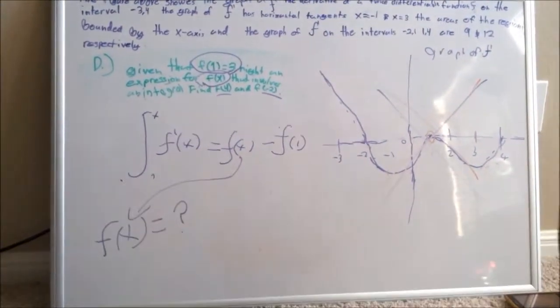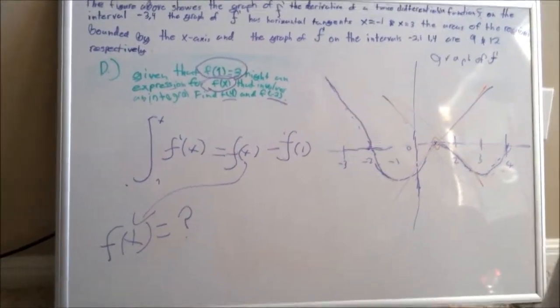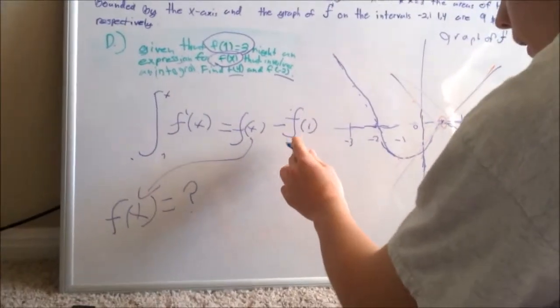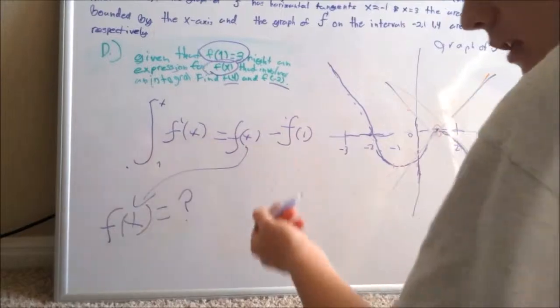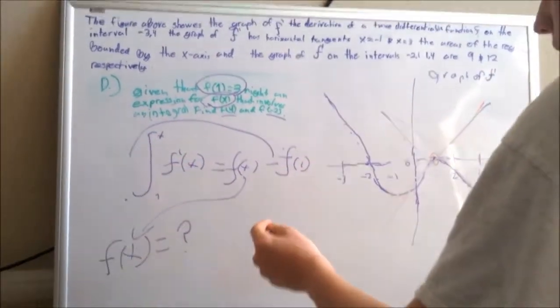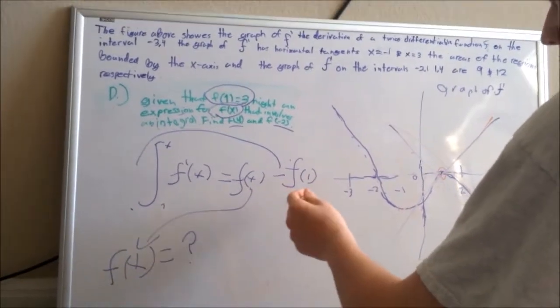Now, the next step we're going to do is to finagle this a bit. We're going to take this original thing here, and we're going to actually add across. We can do this in algebra. We're going to add across this negative f of 1.